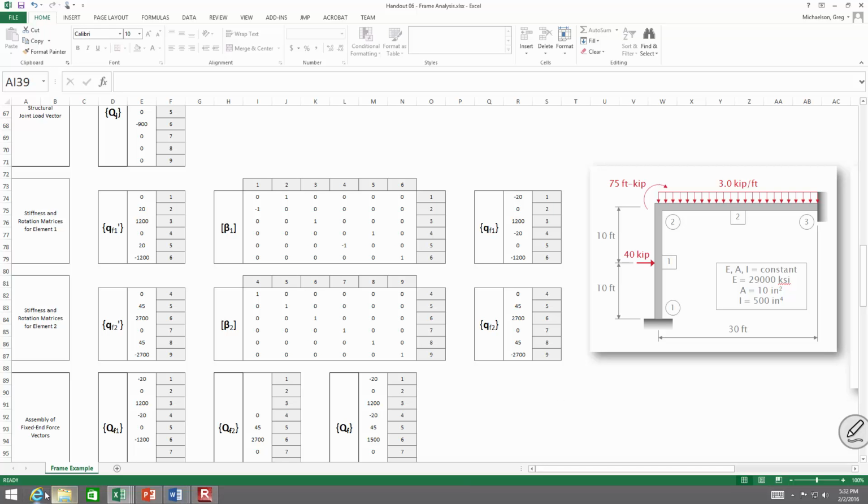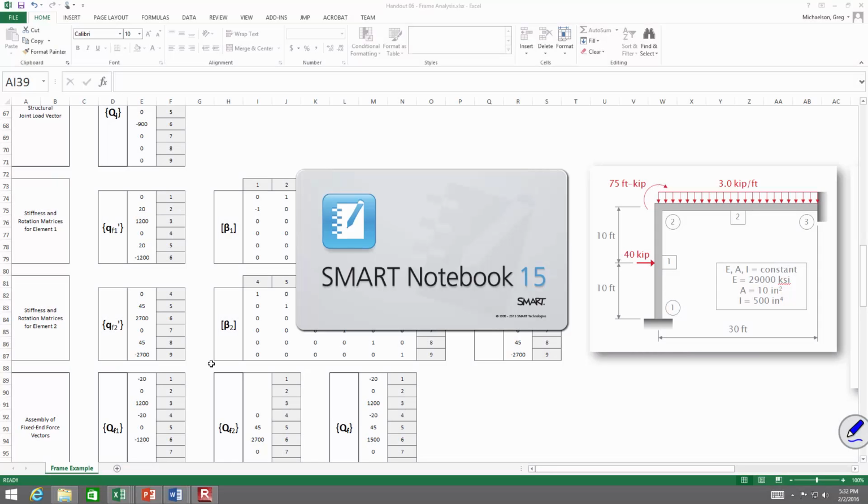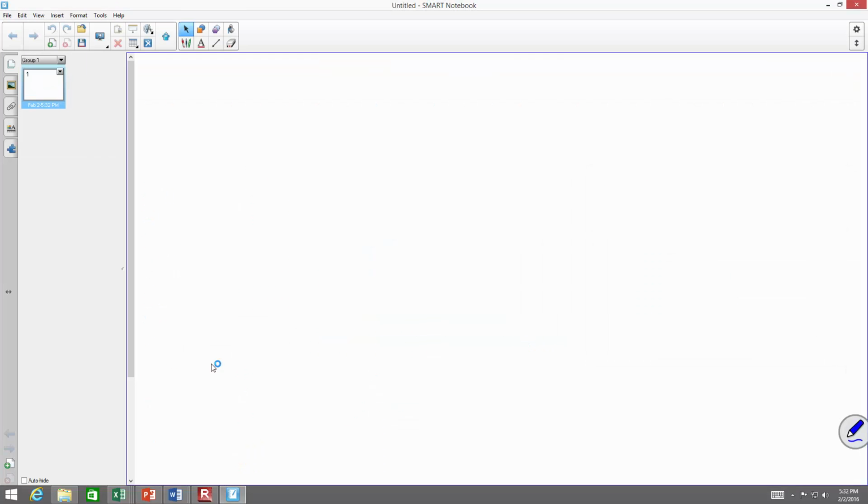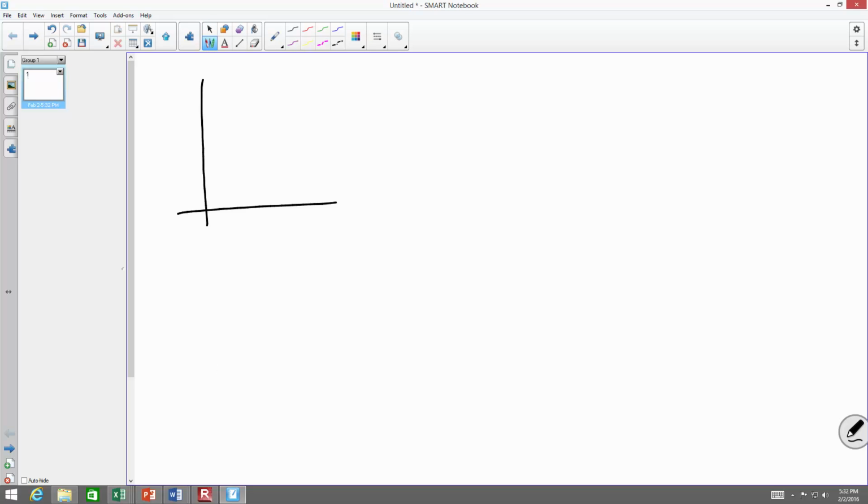We're talking about the rotation. It's easier to just draw it out. We're talking about the rotation between a global coordinate system and a local coordinate system.